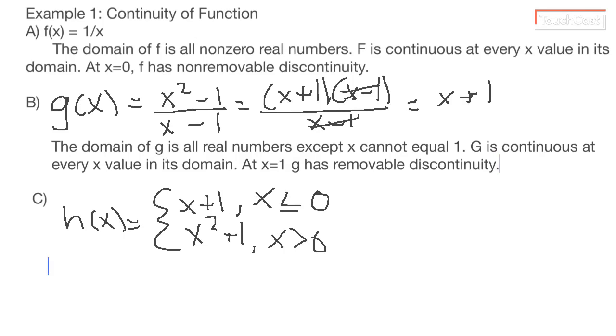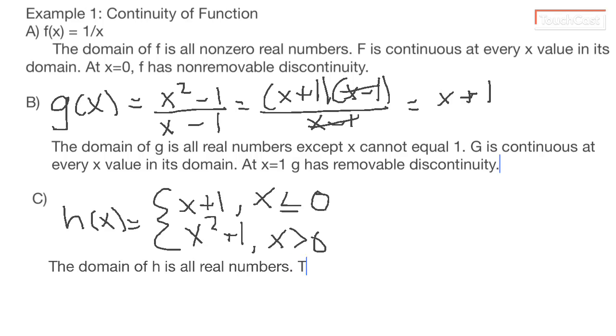How we talk about the continuity of this function, we still look at the domain, and the domain of h is actually all real numbers. There are no values we cannot use for x to get an h back.